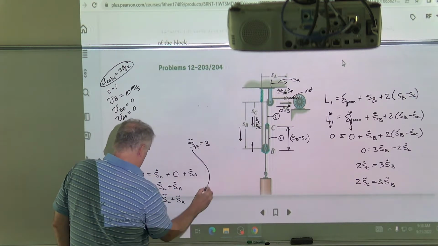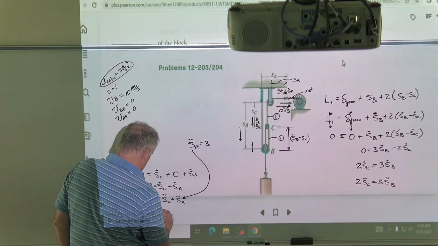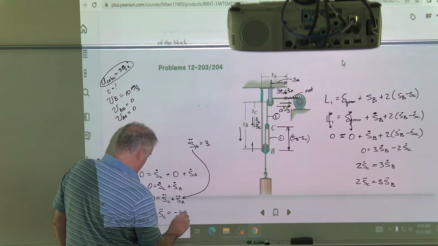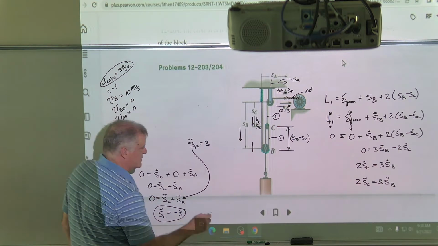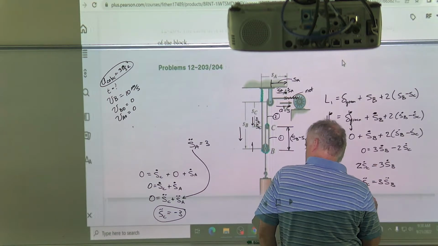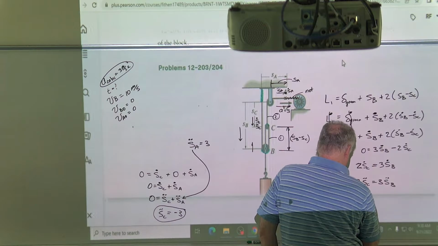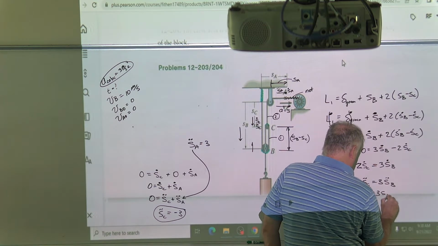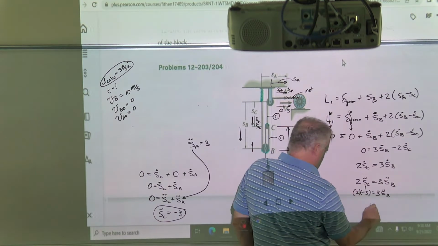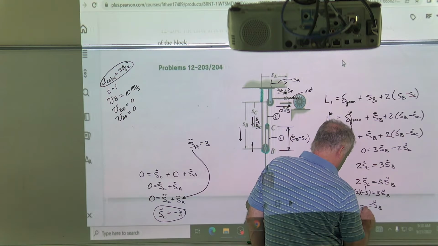Therefore, I can put that right here and say SC double dot is equal to -3. Then I can take this and put this in here. This is -3 times 2 is equal to 3 SB double dot. So now the 3 cancels this 3, and SB double dot is equal to -2.